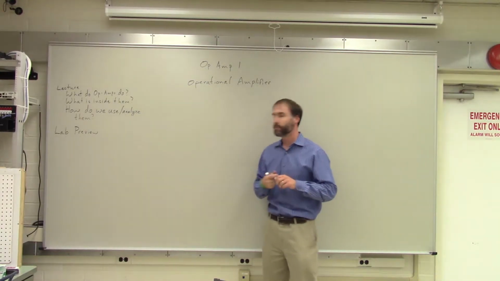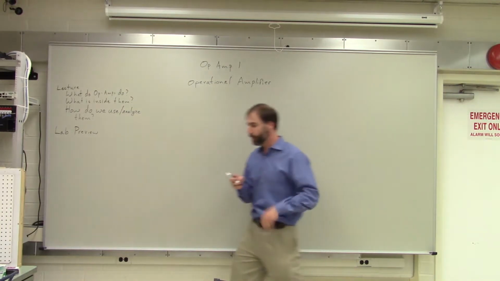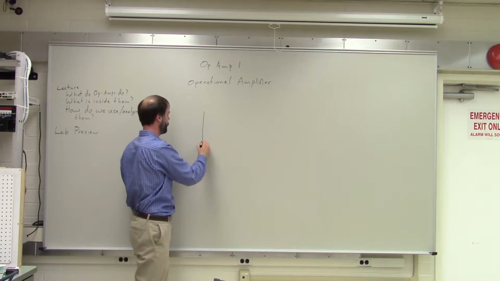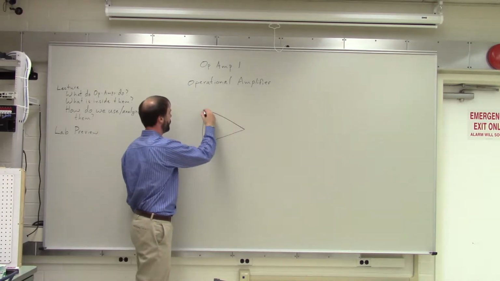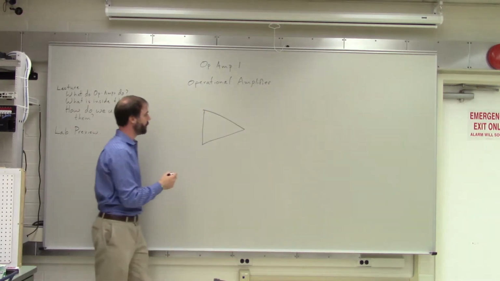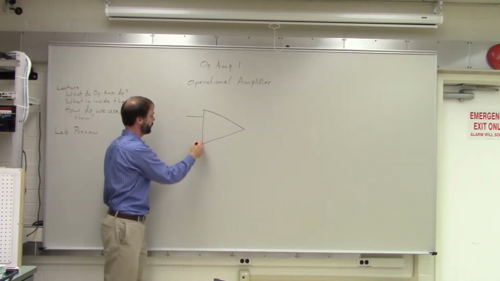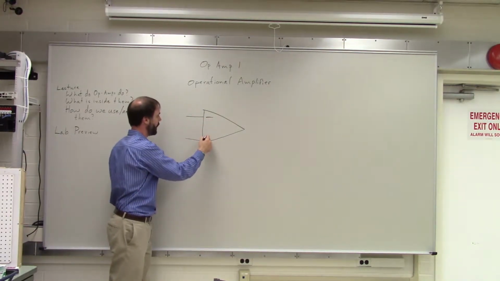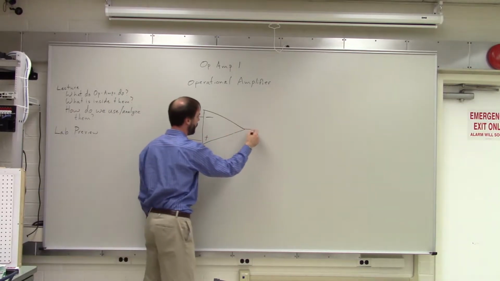So if you look at an op-amp, the diagram for an op-amp looks like this. It's got a negative side and a positive side, and then an output.